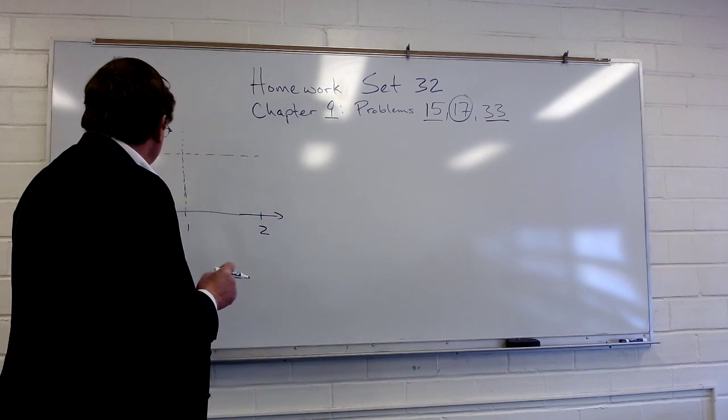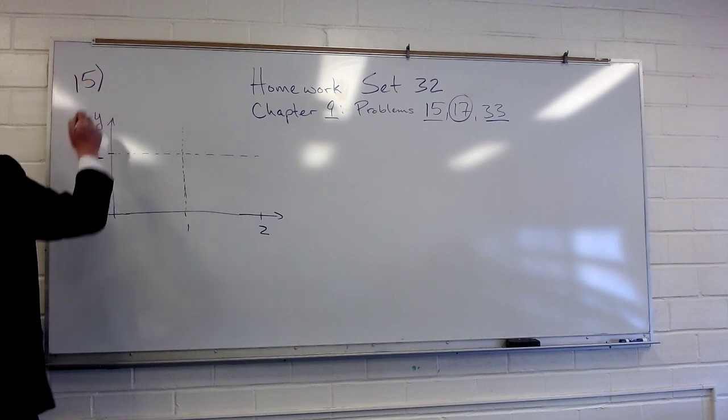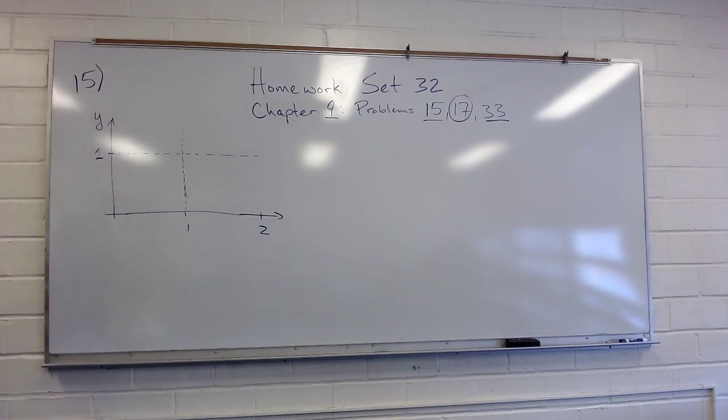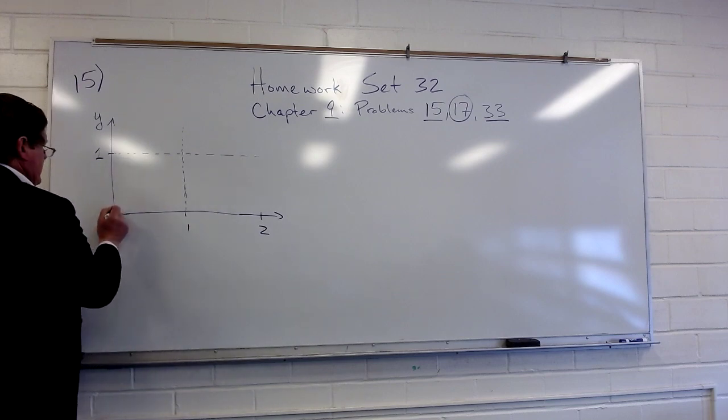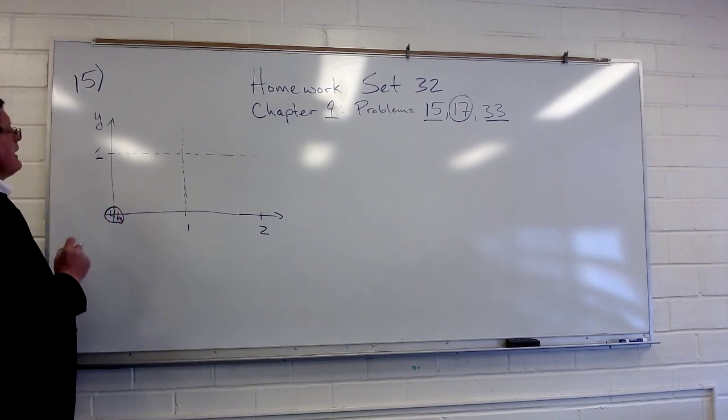Let's look at problem 15 though. This is problem 15 in chapter 9. We have three objects, and the first object is located at the origin of our coordinate system, and it has a mass of 4 kilograms.